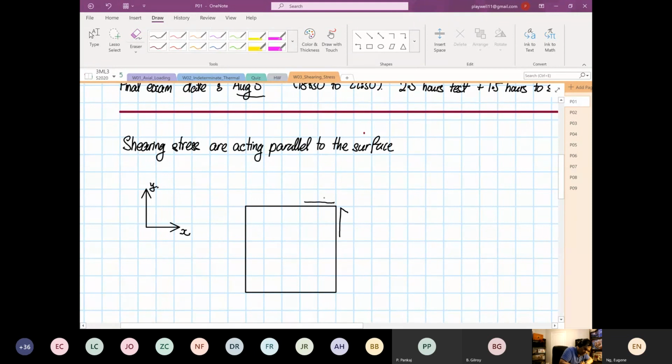So over here, you label the shear stress: the shear on the plane intersecting the x-axis, and the shear stress is acting in the y direction. So this x is the intersecting plane. This denotes the shear stress direction.